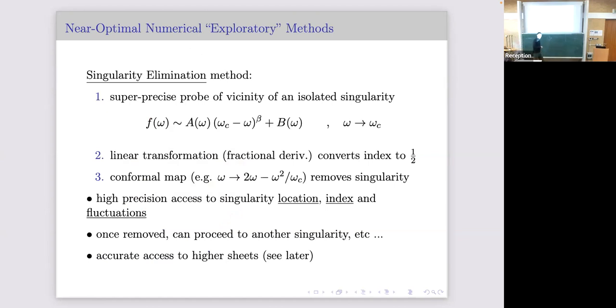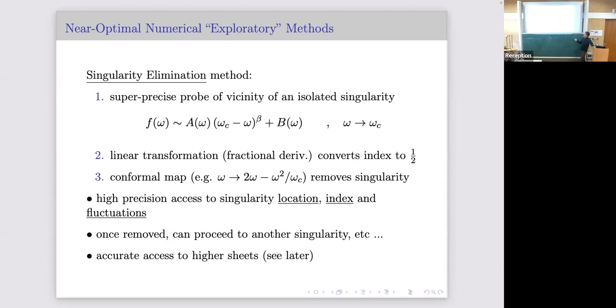Okay, another thing that this uniformizing map does for me is that this is the generic behavior of an isolated singularity. At some point omega c, there's some non-analyticity, some exponent beta, multiplied by a function which is analytic, plus a function that's analytic.